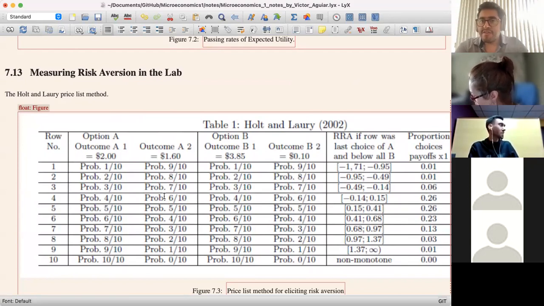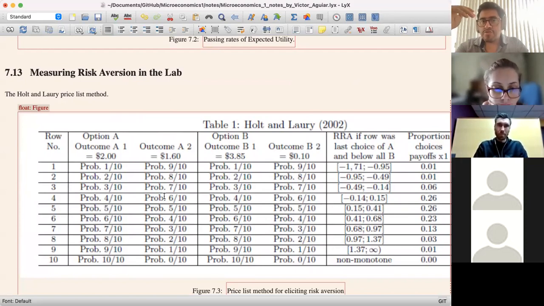So if you prefer the expected return with certainty, then you are risk averse. This is a nice definition, and now we're trying to use it to measure risk aversion.